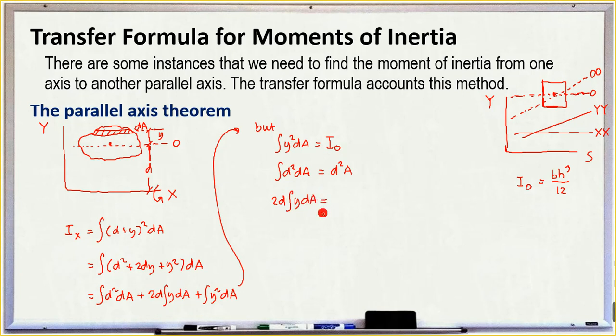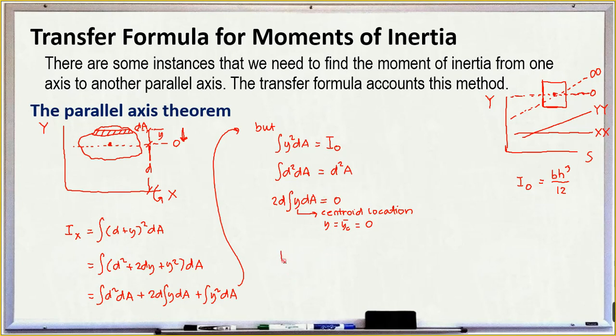Here y represents the location of the centroid. Since what we are measuring is along the centroid, the center of gravity, our y here is equal to the location of the centroid, and that is equal to 0. So this expression is equal to 0.